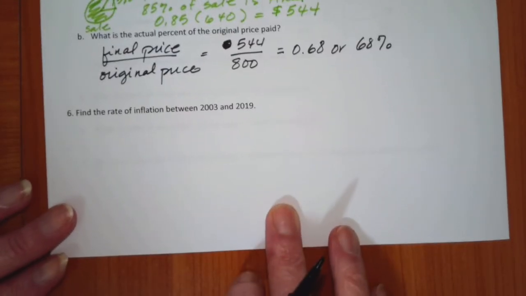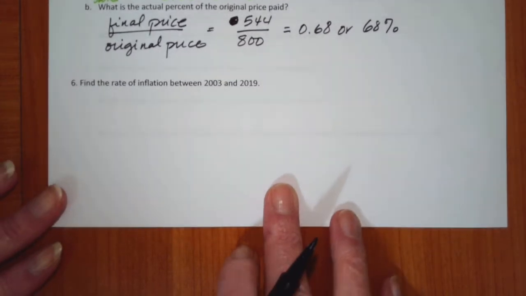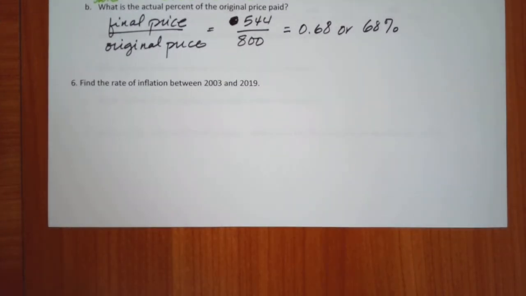Okay. Now we're moving into the 6D, I believe. All right, so we want to find the rate of inflation between 2003 and 2019. You will be given the consumer price index, so you don't have to worry about that.